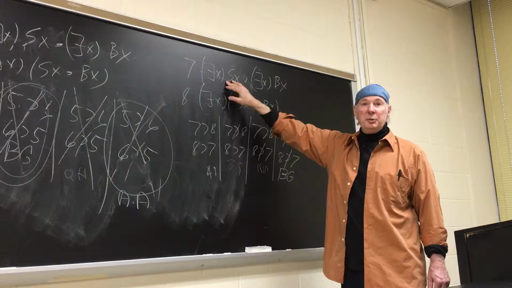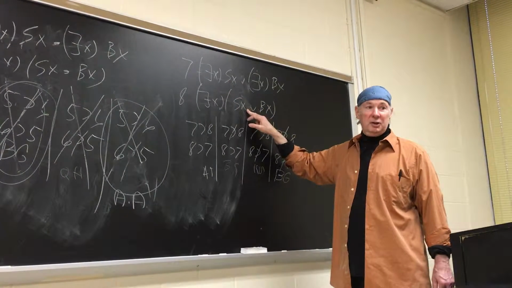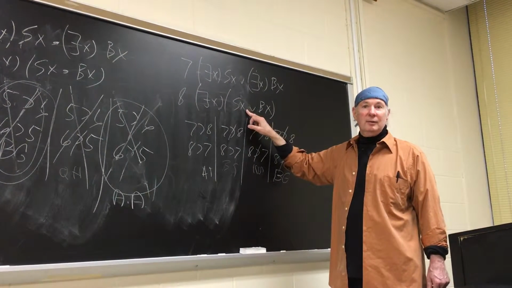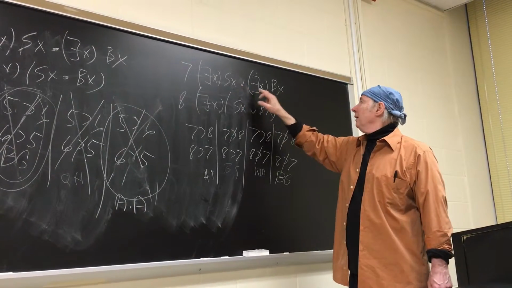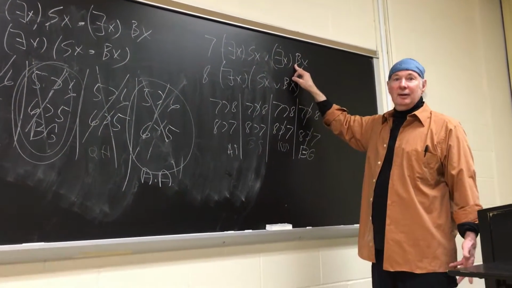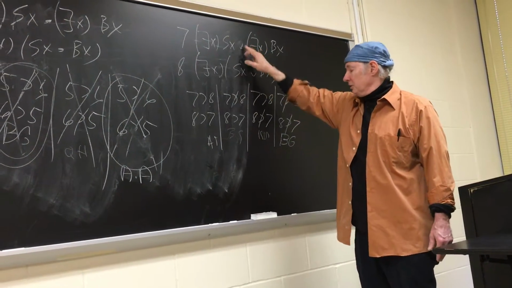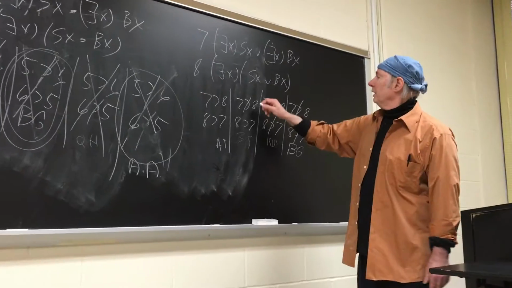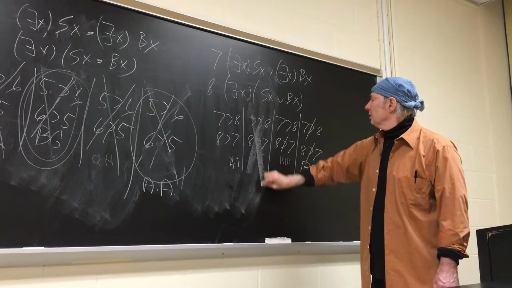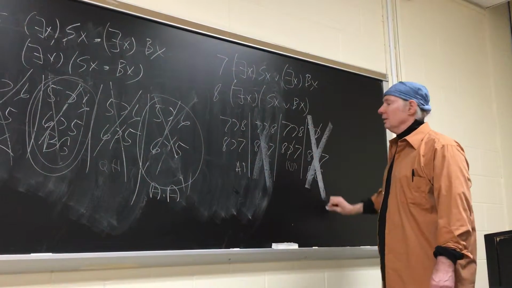If there's something that's sweet, then there's definitely something that's sweet or bitter by addition. Or if there's something that's bitter, there's something that's sweet or bitter by addition. So 8 follows from 7, ruling out this and this.